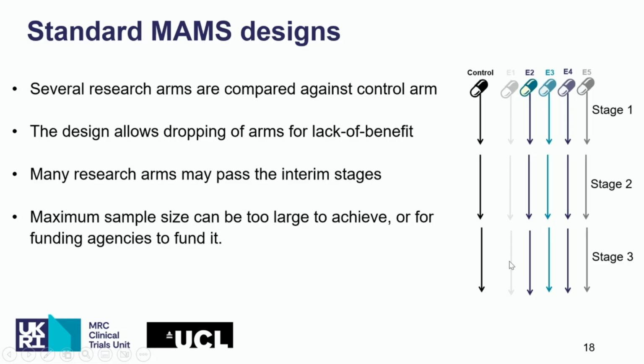So there are 2 issues with that. First, the maximum sample size would have a very large variation in it. And in another scenario, like the Rossini 2, Tommy's gonna talk about it, the total sample size, because the sheer number of the pairwise comparisons becomes too large for any funding agency to actually fund it.